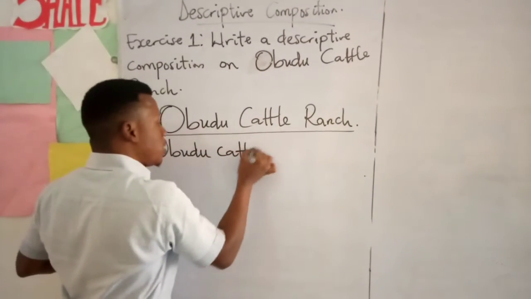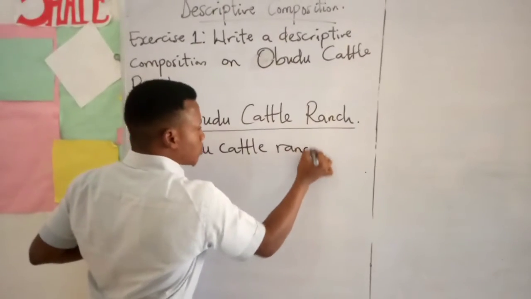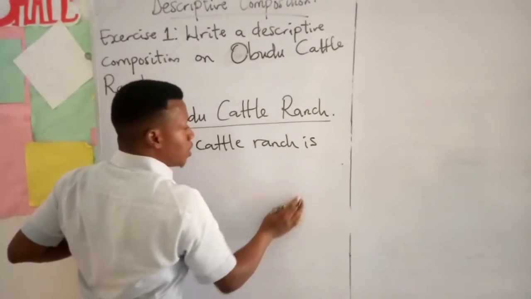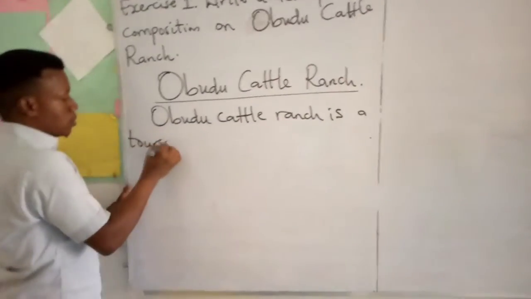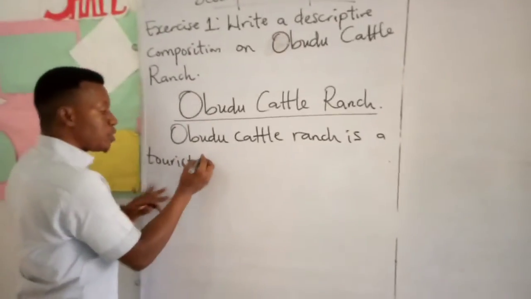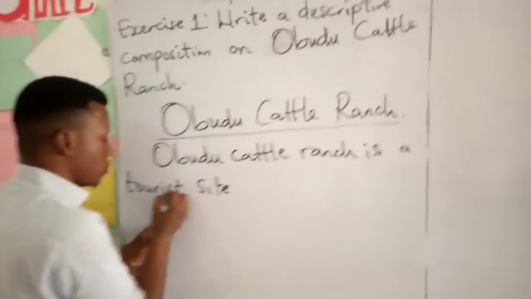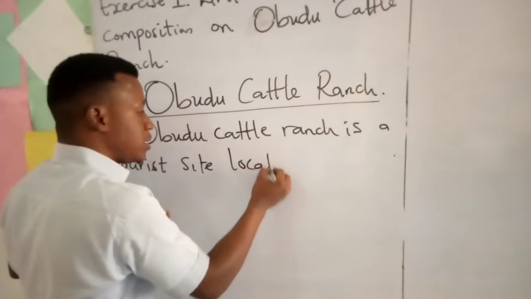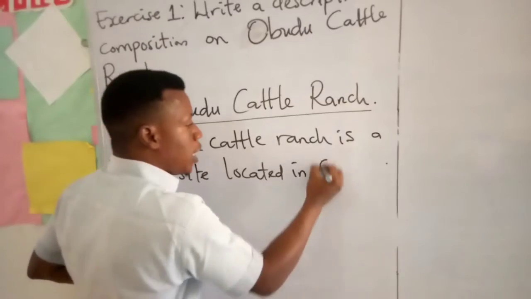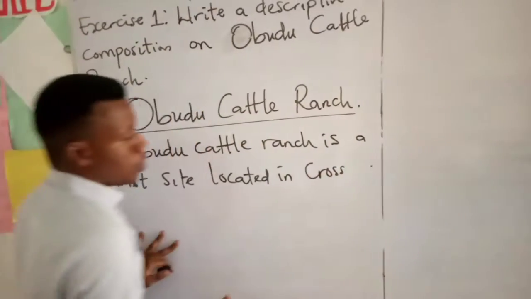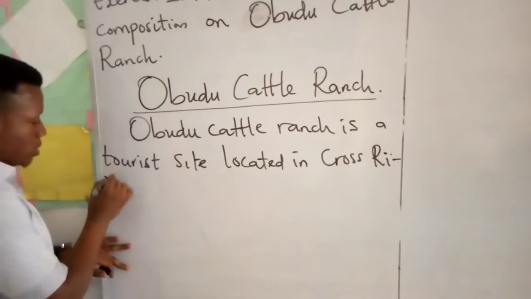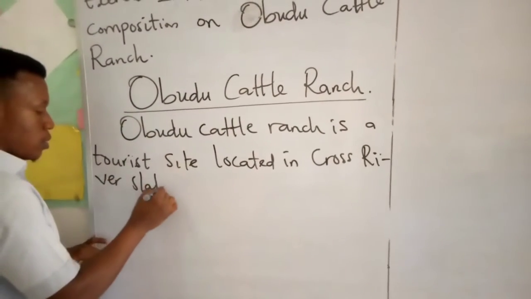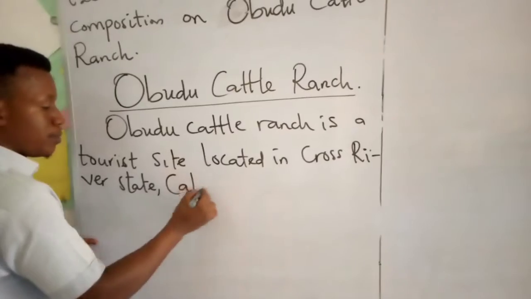Obudu Cattle Ranch is a tourist site located in Cross River State, Calabar.